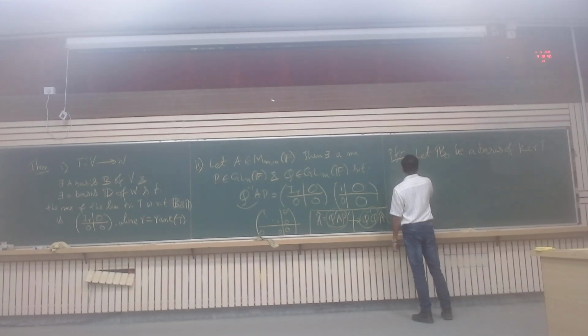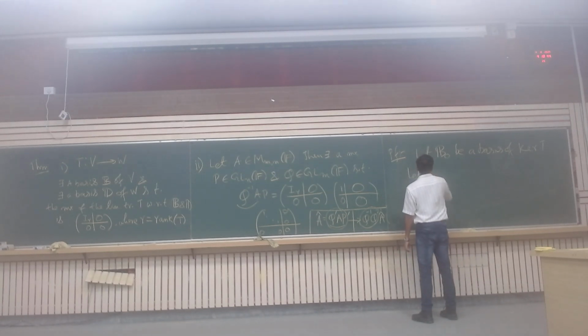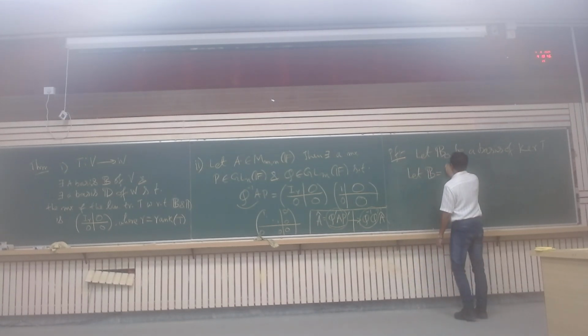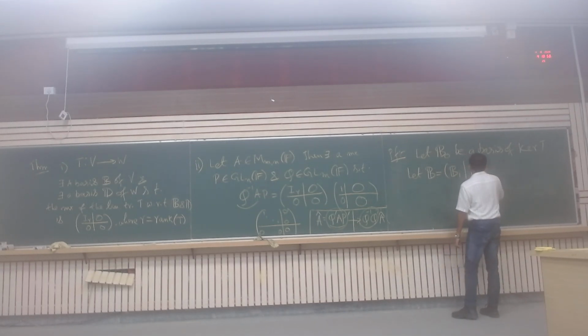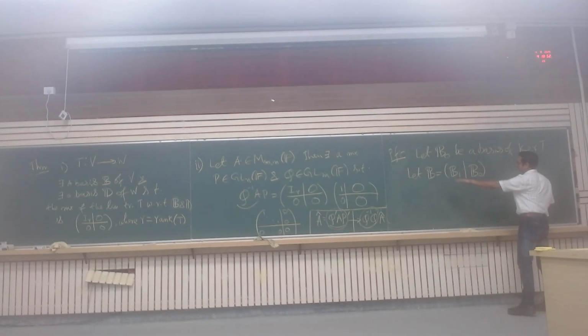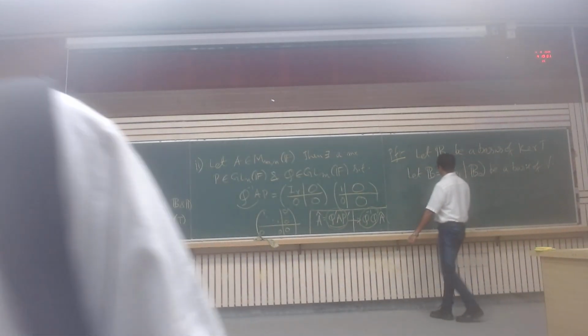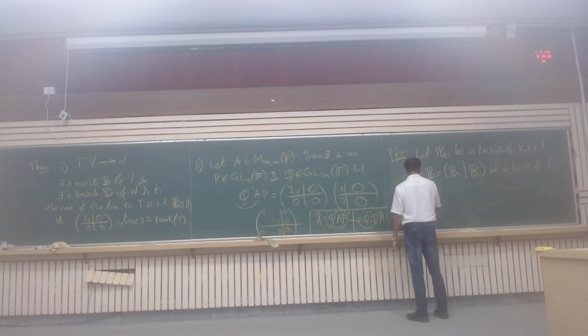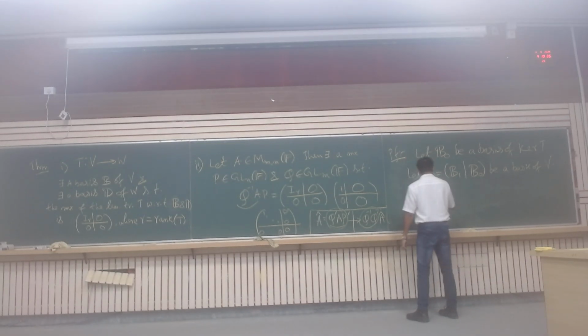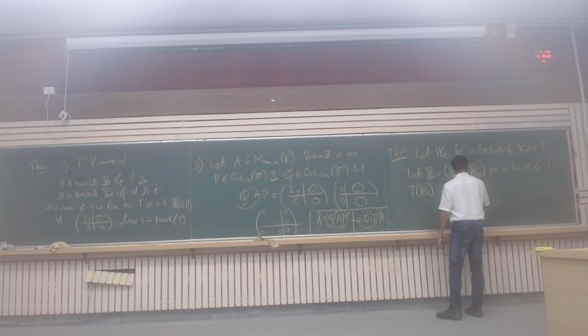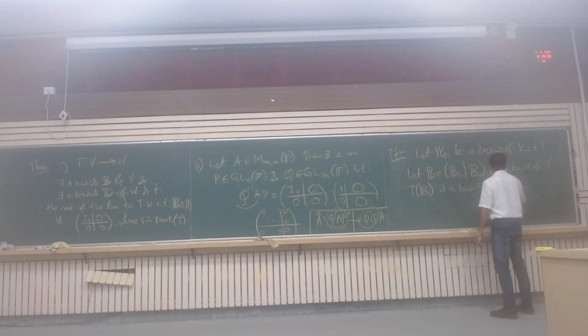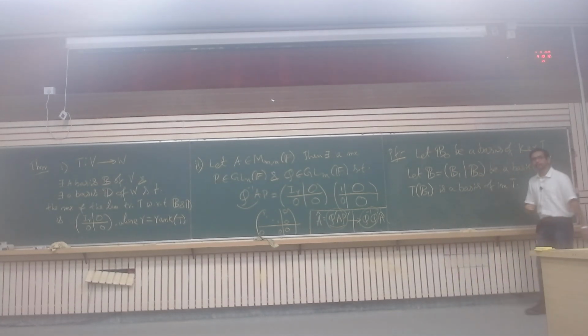So let B equal to B1, B0, that is an extension from B0 to the entire space, be a basis of V. Okay. And we know that TB1 then is a basis of the image of T, right?